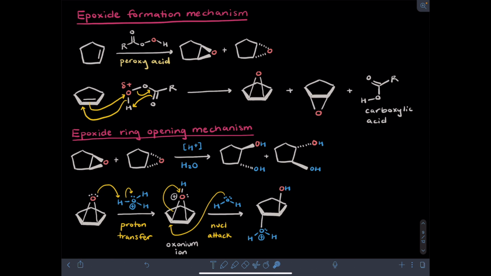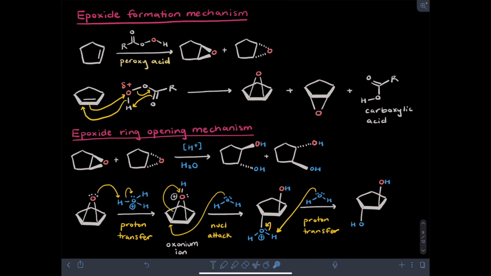Oxygen is cationic here. To get to the neutral dihydroxylated product, I need to deprotonate the cationic oxygen. I can use a water solvent molecule as a base in this proton transfer step. This would get me to that neutral final product.